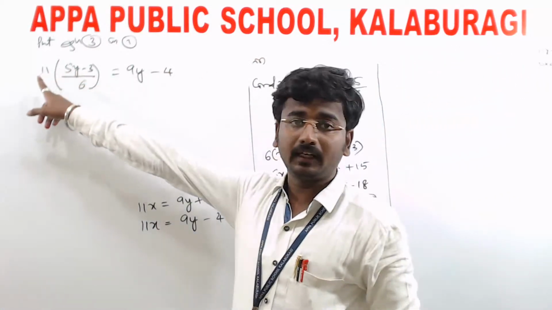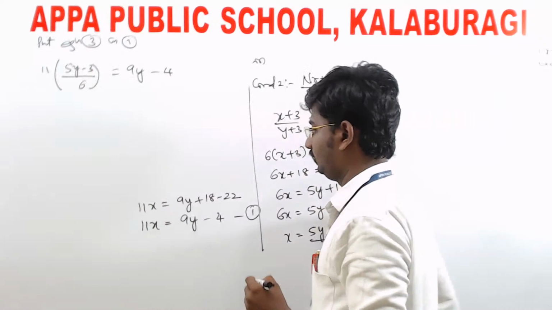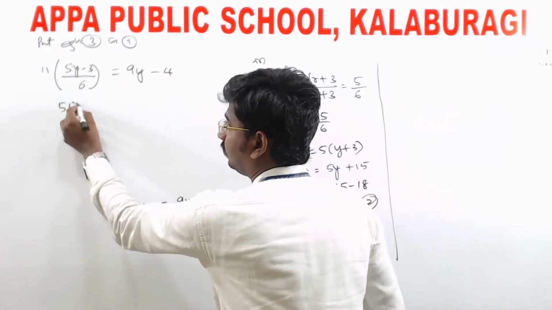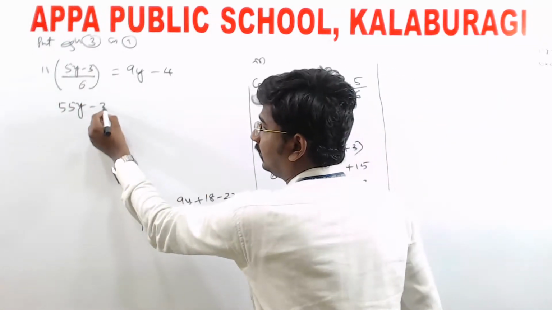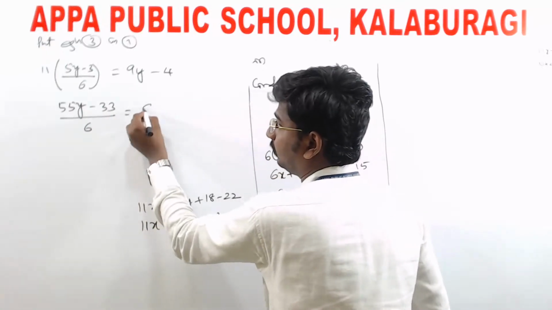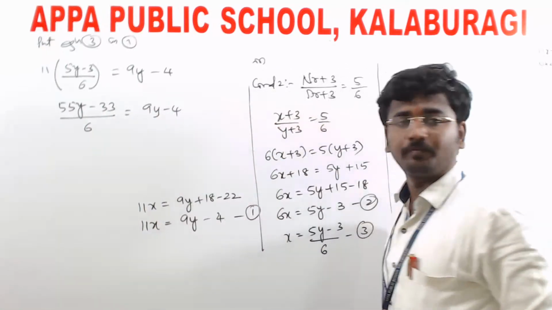First multiply the bracket term. 11 into 5 is 55y - 33, divided by 6, equal to 9y - 4.